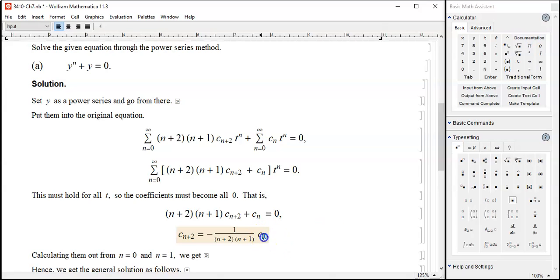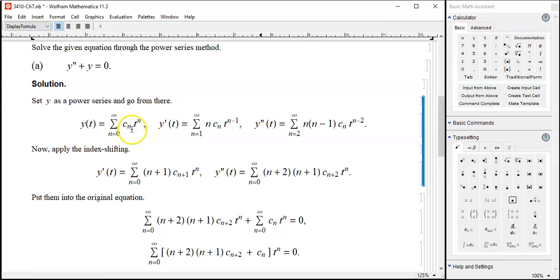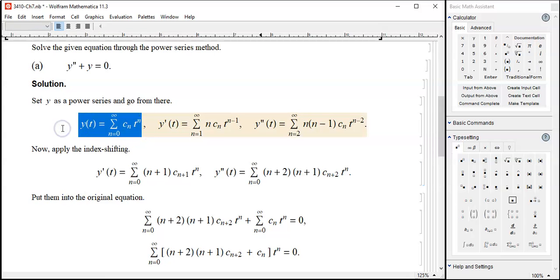Excuse me, typo here. Sorry about that. Now that we have the recursive equation here, as a matter of fact, no, not really. Okay, that expression.